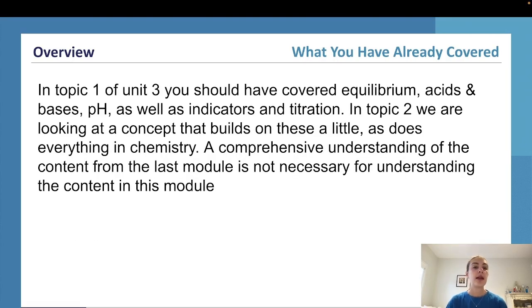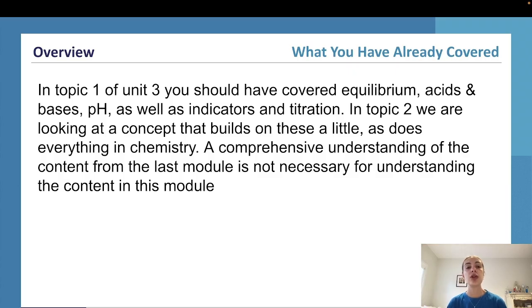So far in topic 1 of unit 3, which I would assume most people have already started towards the end of last year, you would have looked at equilibrium, acids and bases, pH, and then indicators and titration. So I'm assuming so far that everyone's going to have a generally okay understanding of those concepts.